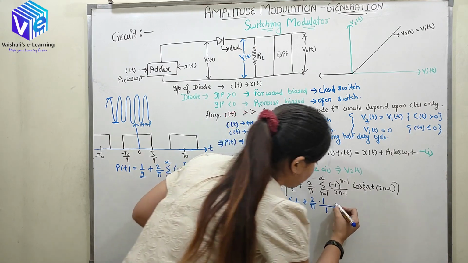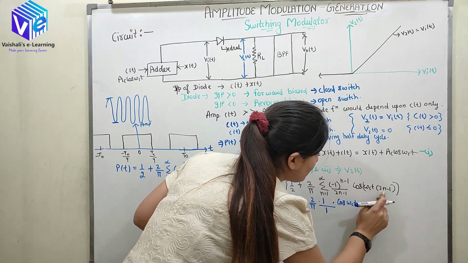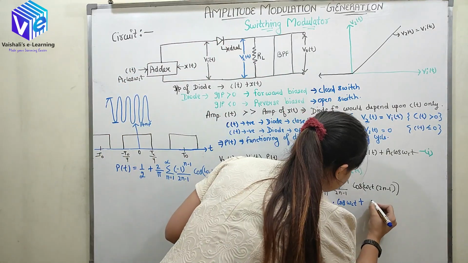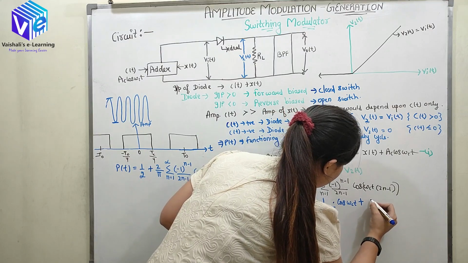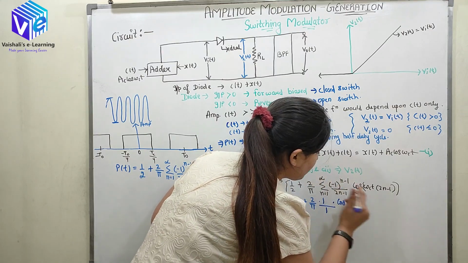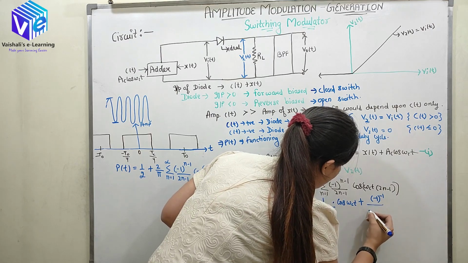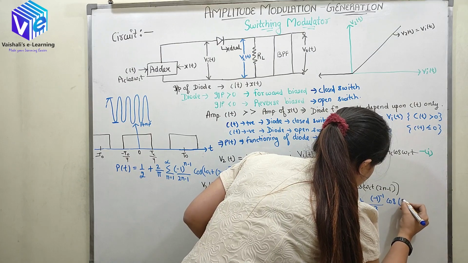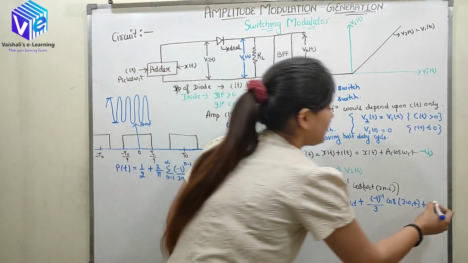It would be 1 into cos omega ct into 2 minus 1. So I am getting cos omega ct plus, if I put the higher values of n, I am getting minus 1 raised to power 2 minus 1. So minus 1 raised to power minus 1 upon 3 cos 3 omega ct plus so on. So I am getting these values.